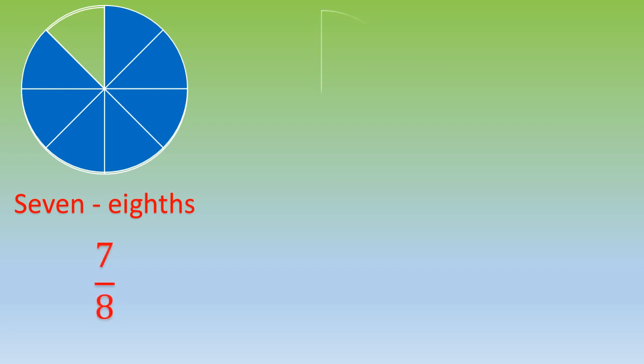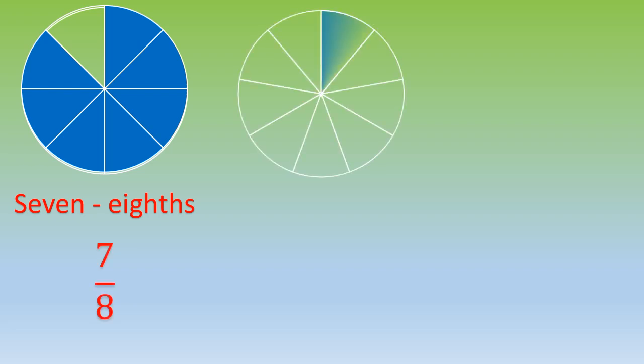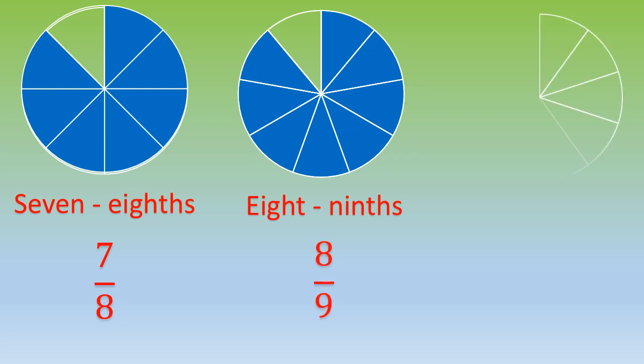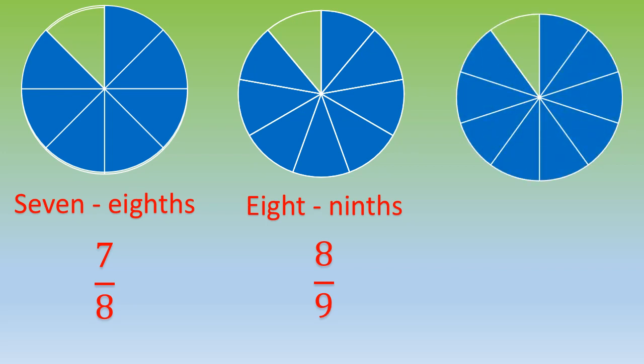In this example it is divided into 9 parts and 8 parts are taken. It will be 8/9. In the last example, we have divided it into 10 parts and we have taken 9 parts, which is 9/10.